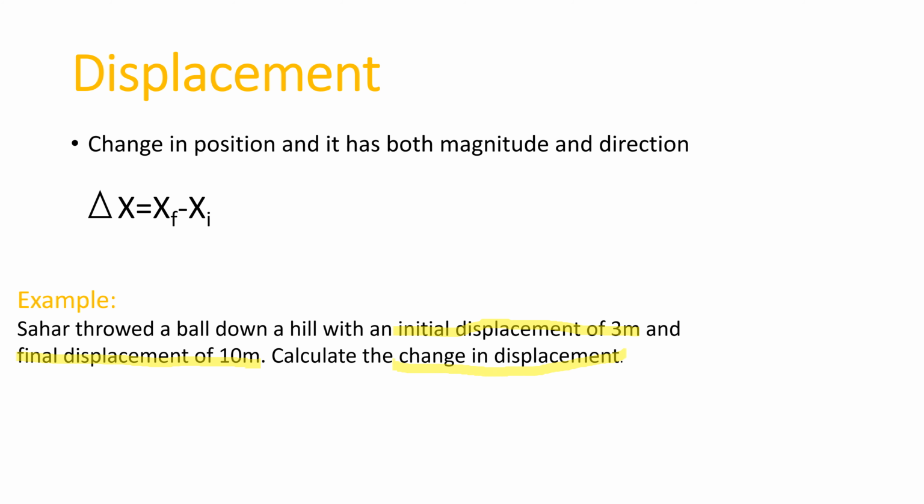We know the equation of change in displacement as I just taught you, which is delta x equals xf minus xi, and we replace the x by the numbers as they just said. Xf, which is the final displacement, is 10, and the initial displacement is 3. And subtracting those using the equation would give us 7 meters down the hill.